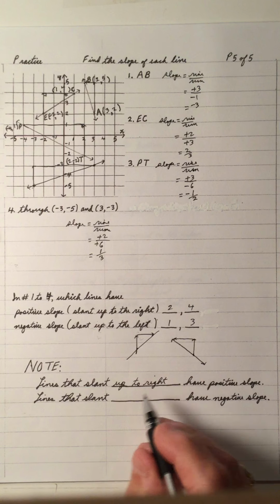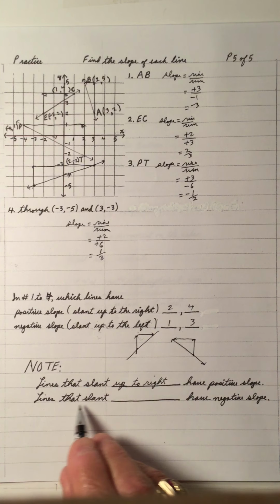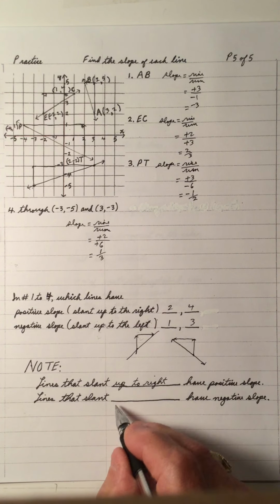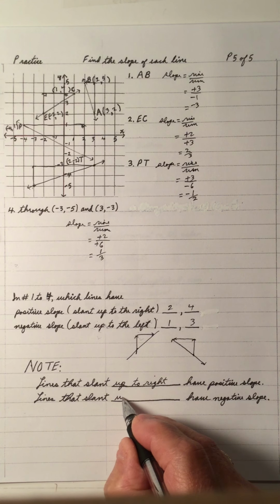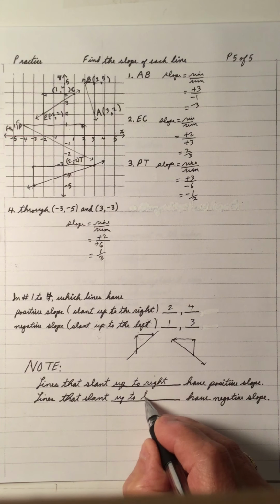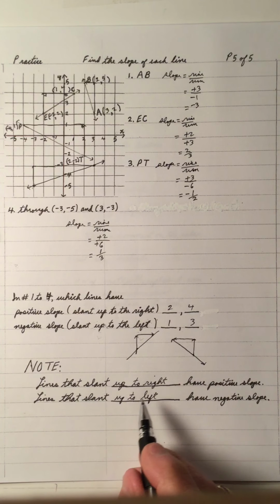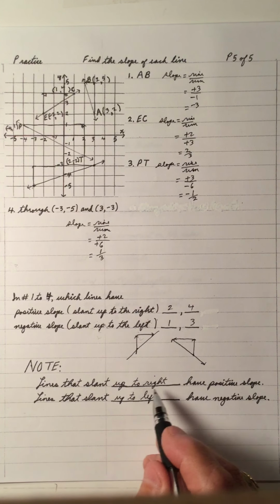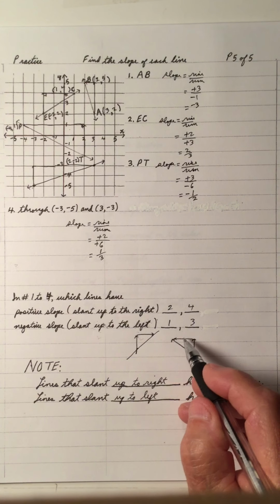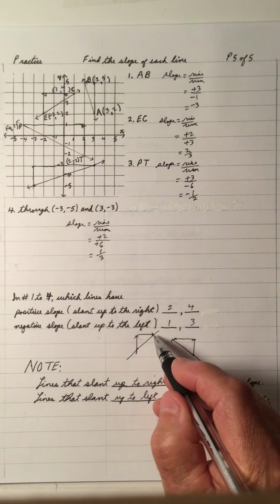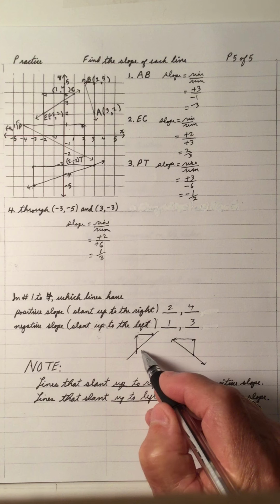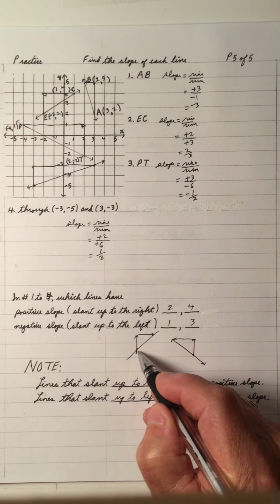Positive slopes go up to the right, and a line that slopes up to the left has a negative slope. Again, you could also say reversed. You can also say a positive slope goes down to the left because down is negative and left is negative.